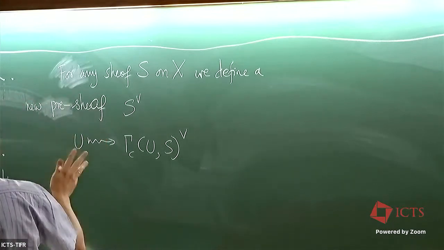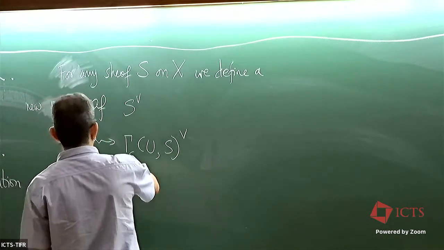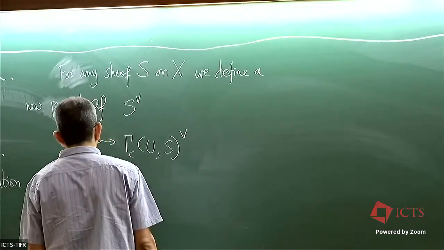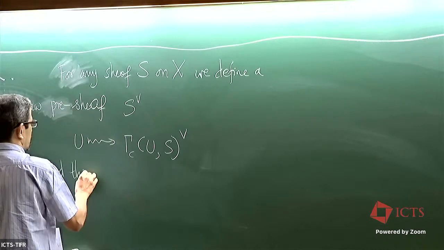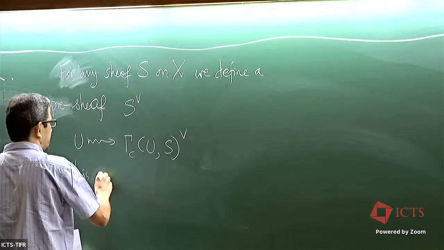So instead of dualizing all the sections, I just dualize those with compact support. And this is a sheaf. This can be seen to be a sheaf.